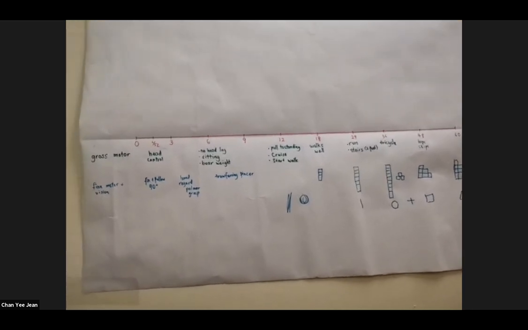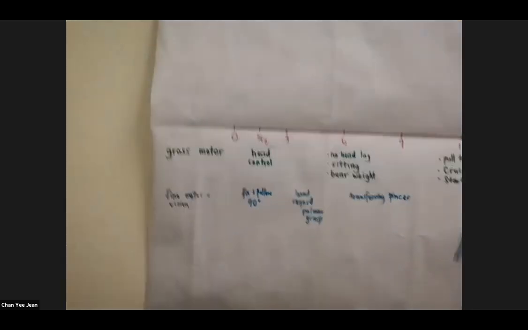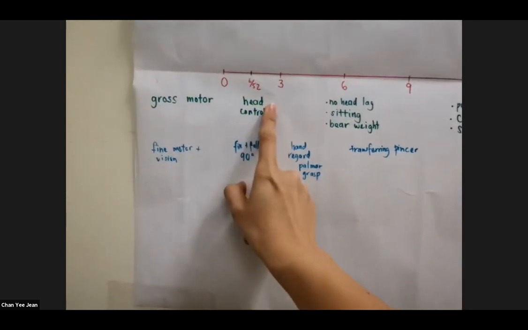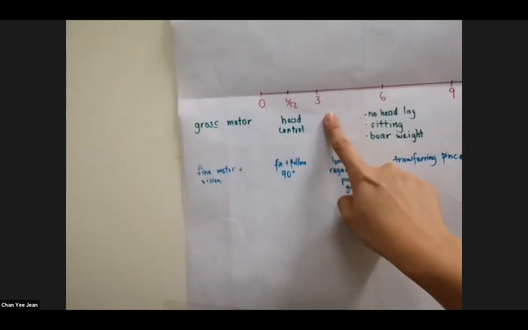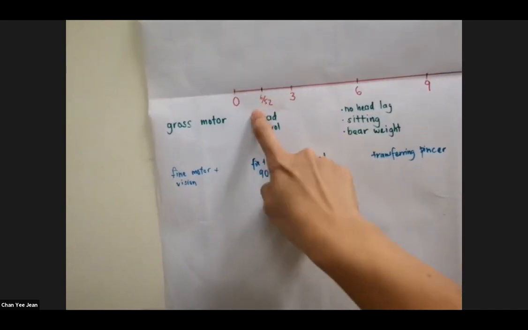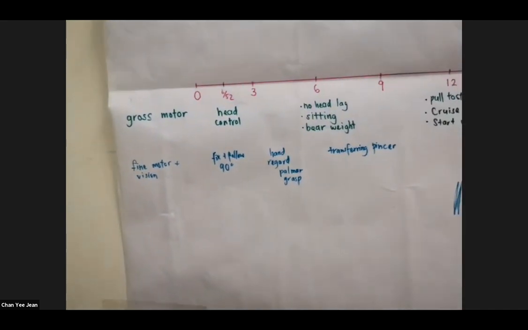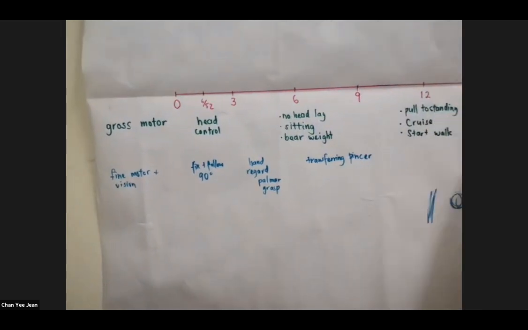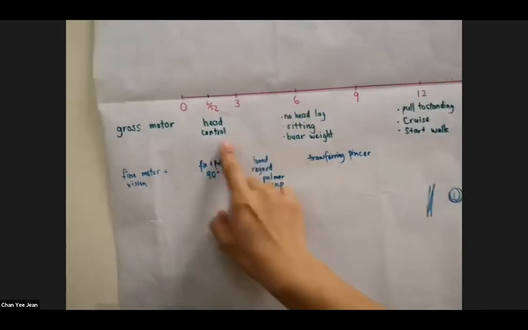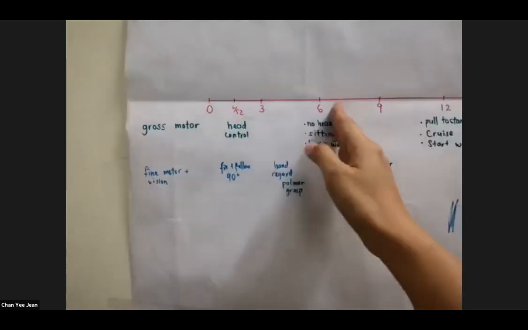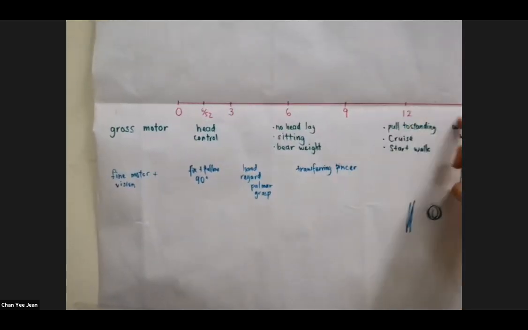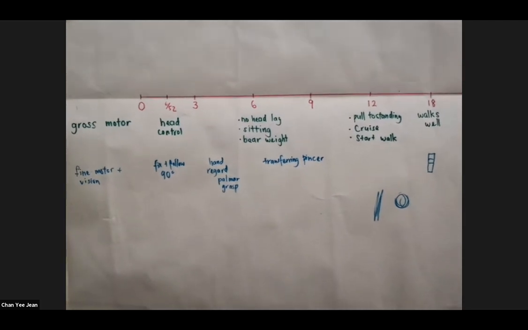Then put on the main months involved: 0, 6 weeks, 3 months, 6 months, 9 months, 12 months, 18 months. Obviously, it's not proportionate. But these are the important milestones: 0, 3, 6, 9, 12, 18, 24, 36, 48, 60, right?